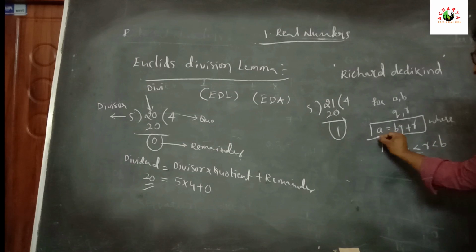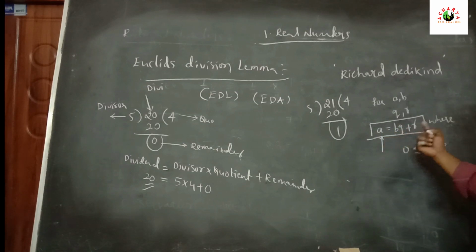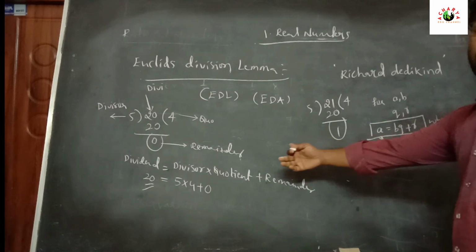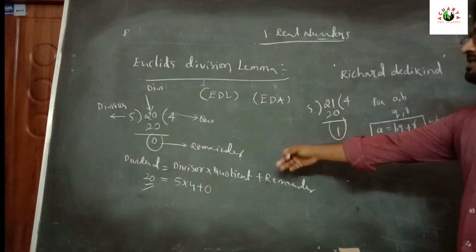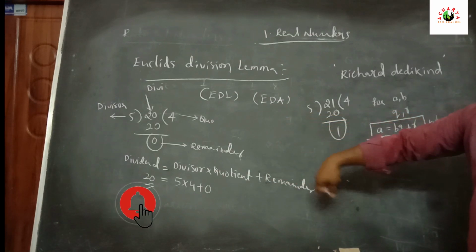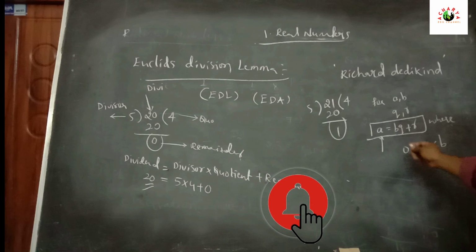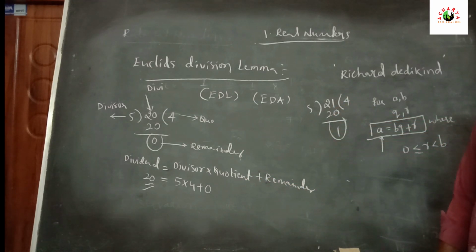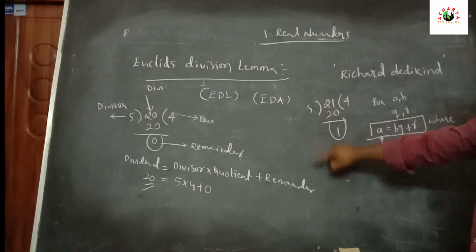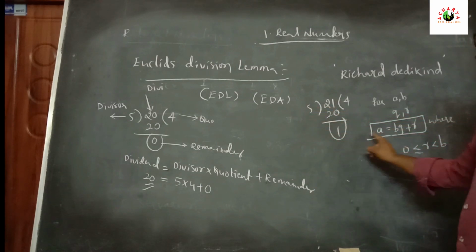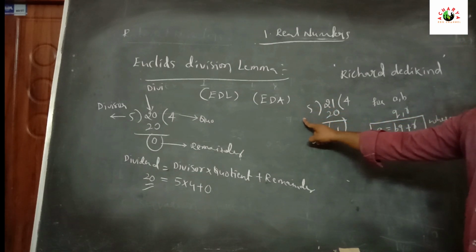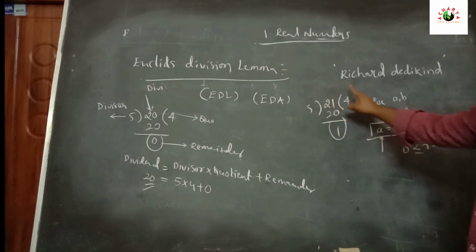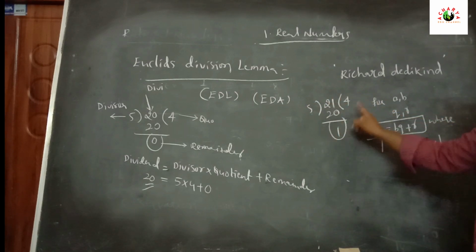So here, what is a, what is b, what is q, what is r? Just now we have discussed the division rule, the division algorithm. Like that, here a we can call the dividend, b we can call the divisor, and 4 we can call the quotient.